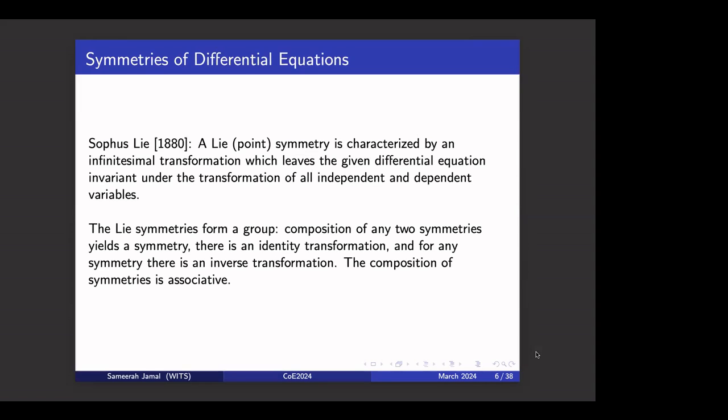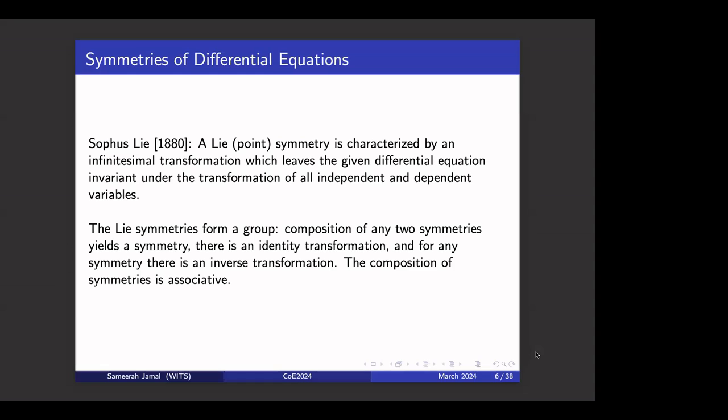The other side is that for differential equations. In order to speak about differential equations, we have the forefather of symmetries, Sophus Lie, who was a contemporary of Felix Klein. However, he was the one that really drove some of the important concepts about symmetries, and therefore a lot of the work is attributed to him.